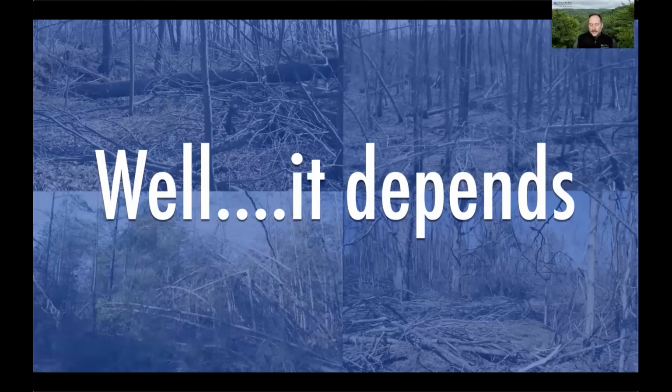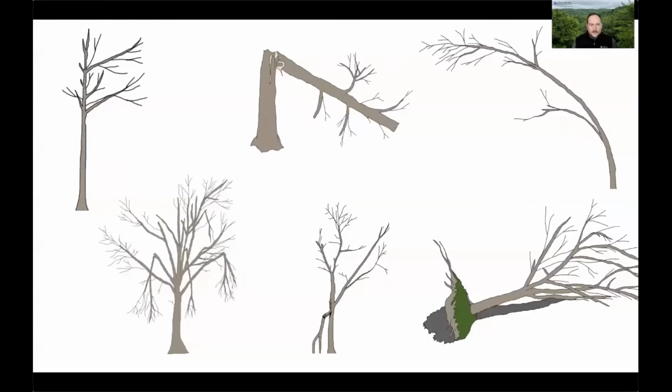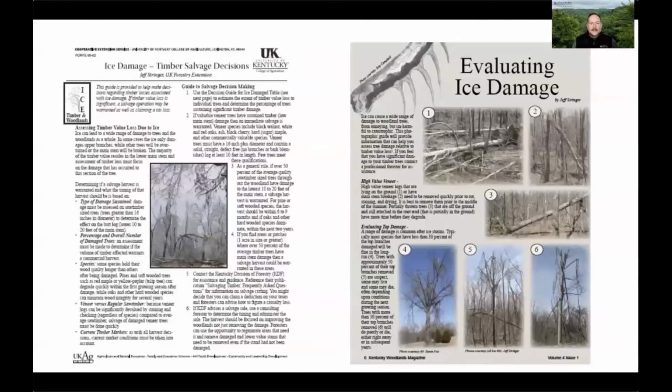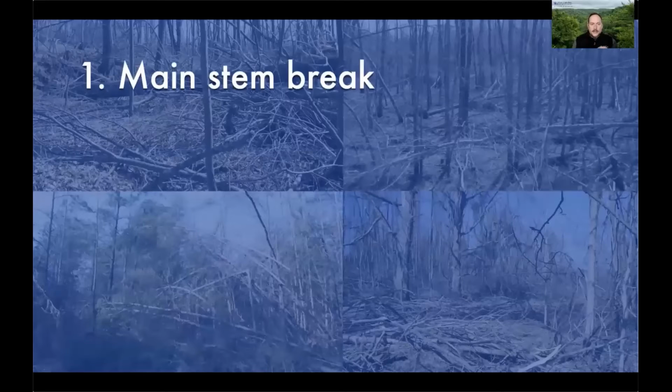But we're going to go through a couple things that will give you an idea of what to expect, and perhaps what to talk about with the forester. We've got different severities of damage in the ice storm, and we can salvage the timber depending on the severity of the storm and its effect on our trees.